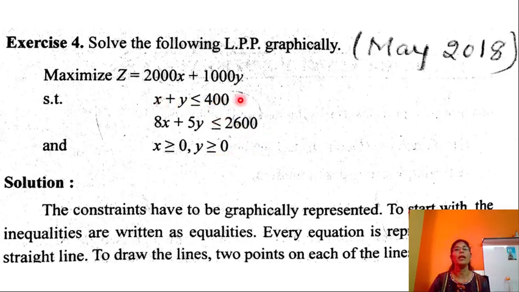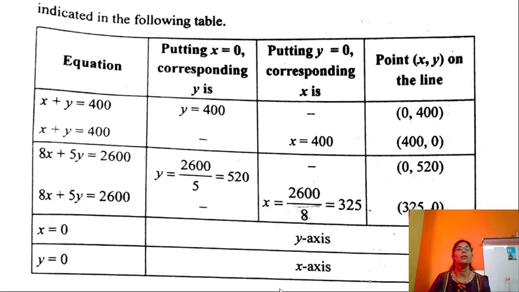First of all, we have to take these inequalities and convert them into equalities. Look at this table. Here the equations are considered as equal. x + y = 400. We take x = 0, and when x = 0 we find the value of y.